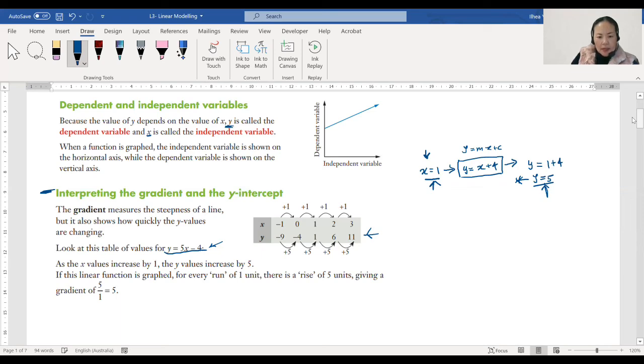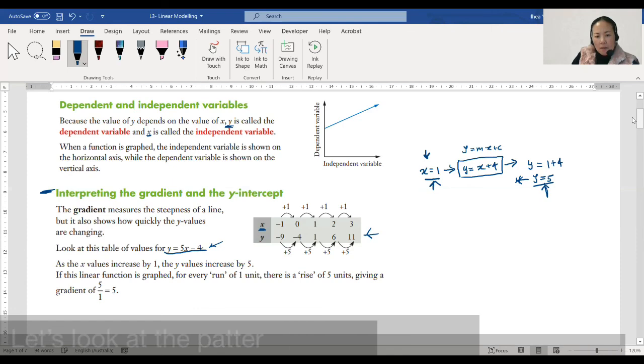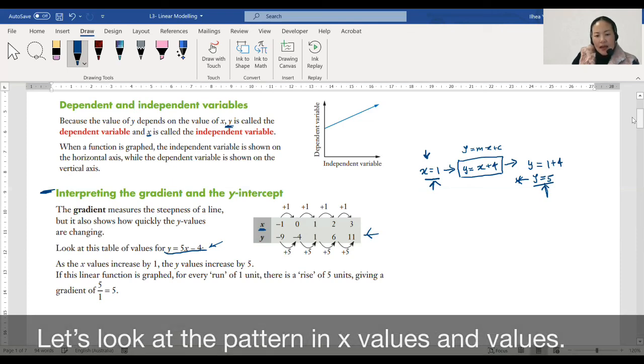Now, what does that really mean? If you look at what's happening here, x is going up by 1, isn't it? When you add 1 to each x value, you will get the next x value there. So minus 1 plus 1 is 0, and 0 plus 1 is 1. 1 plus 1 is 2, 2 plus 1 is 3, something like that.